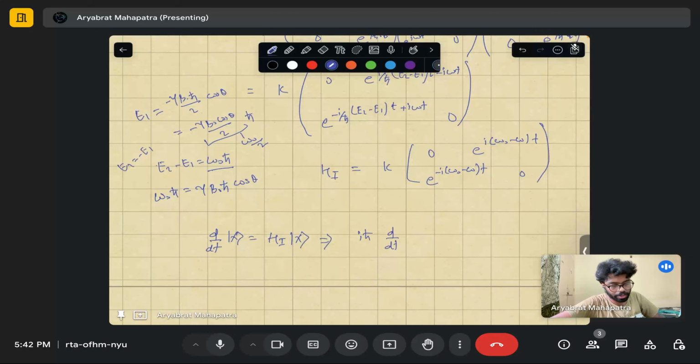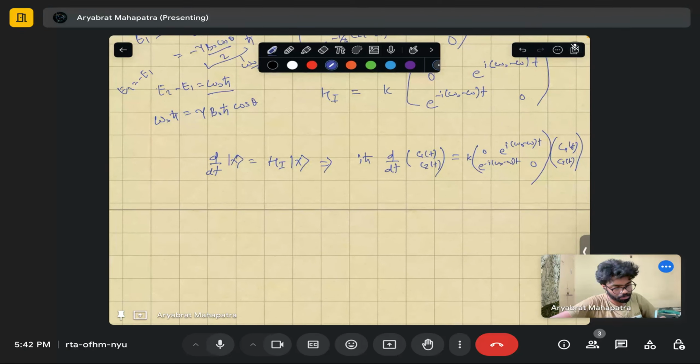I initially called chi something like C1 of t, C2 of t, equals the interacting Hamiltonian acting on C1 of t, C2 of t.